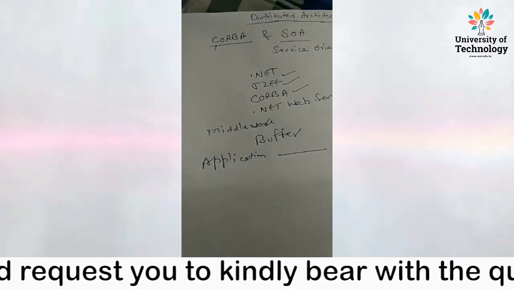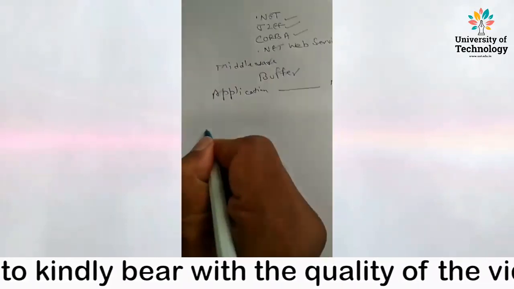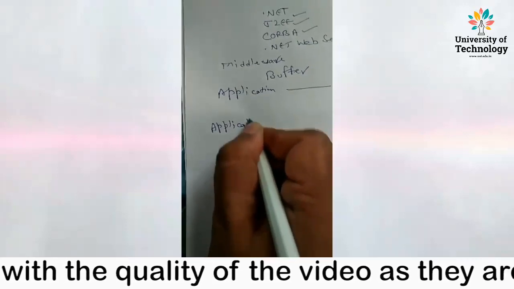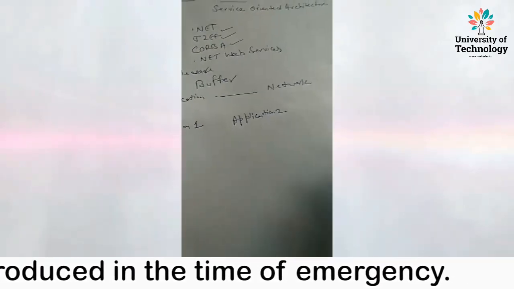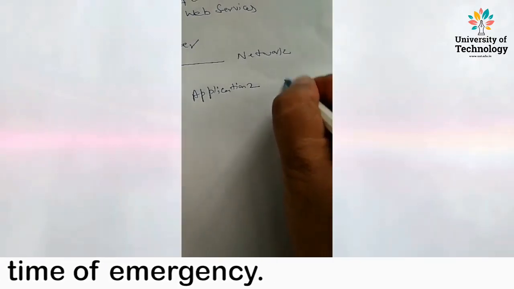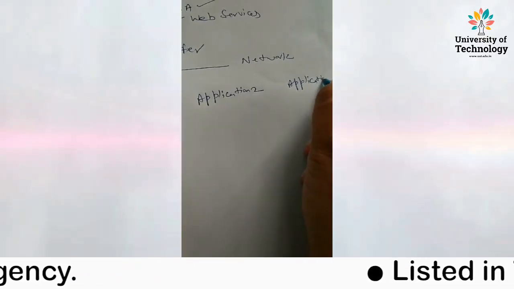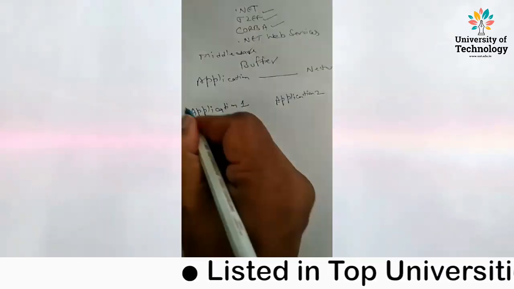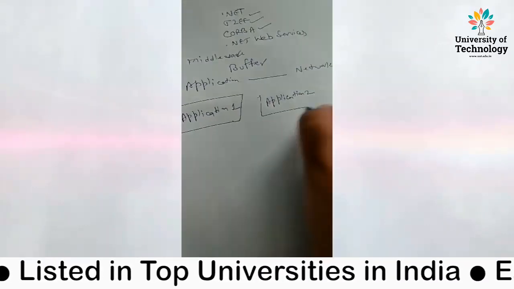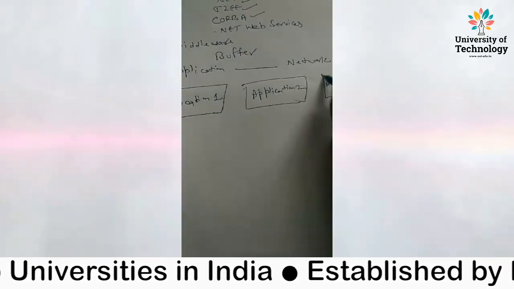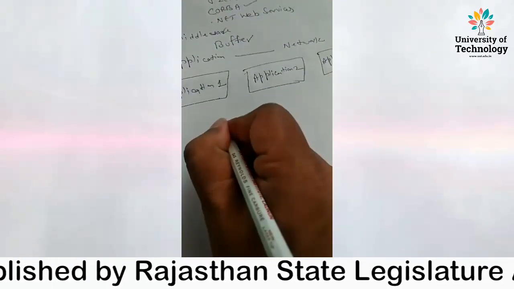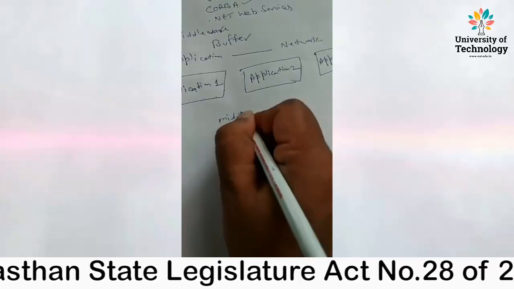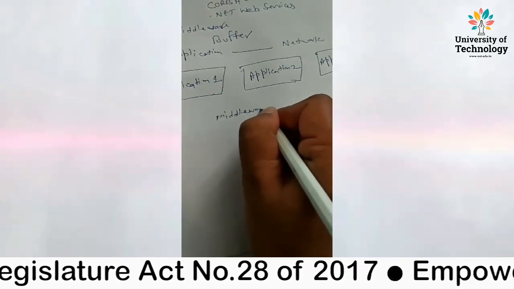So, middleware as an infrastructure for distributed systems. Application 1, application 2, and application 3. Put them in the box. This is the middleware platform.